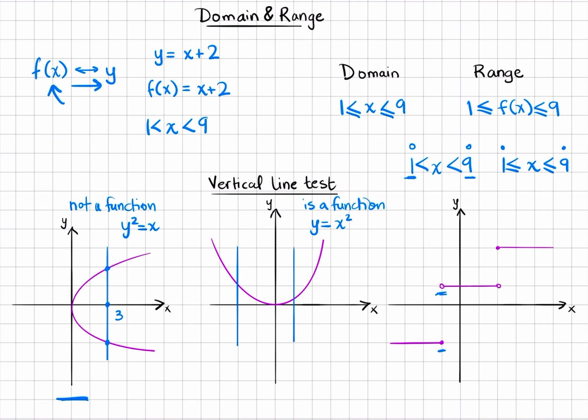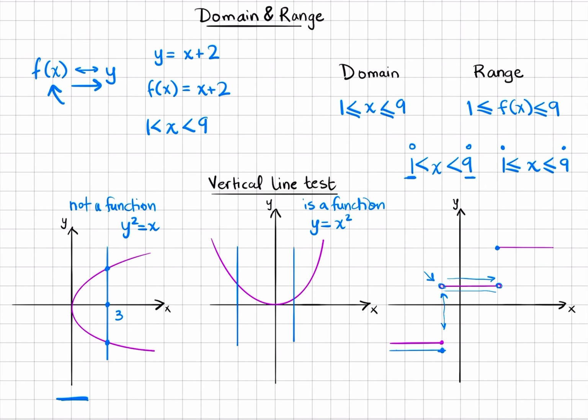If we go back to our graph now, we see that we have part of the function here, and at this point, we have a closed point, which means that this value is included here. But when we continue from the other part of the graph, the same point is an open circle, which means that the value is not included here. And then we go along the graph, another open circle, this value is not included, but it is included here.